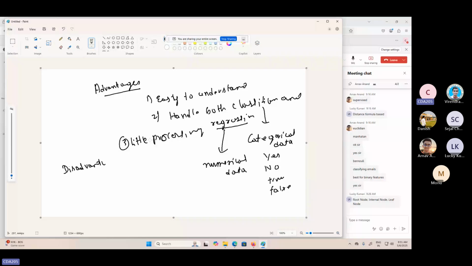Now, what are the disadvantages? First one, it is unstable to small changes. Second, it does not perform well with imbalanced data.